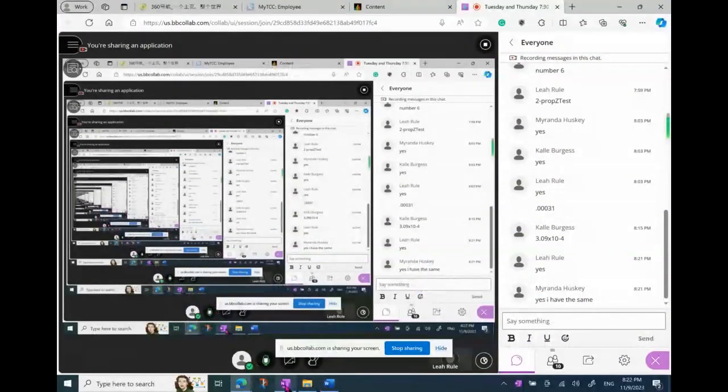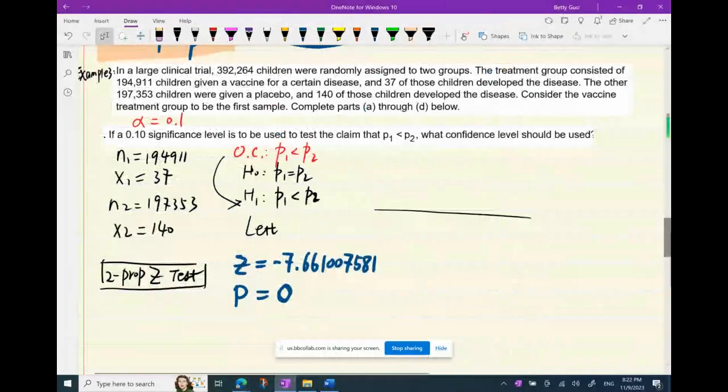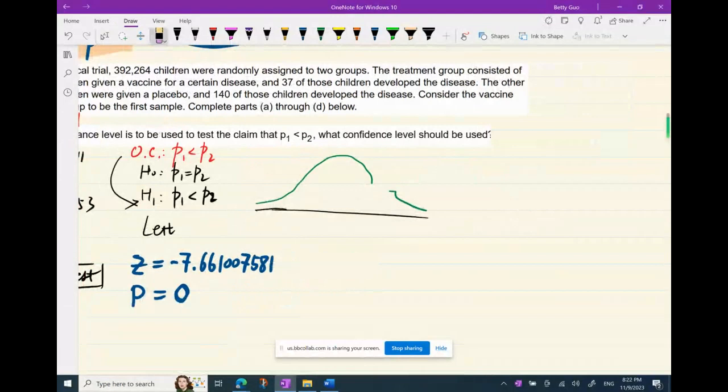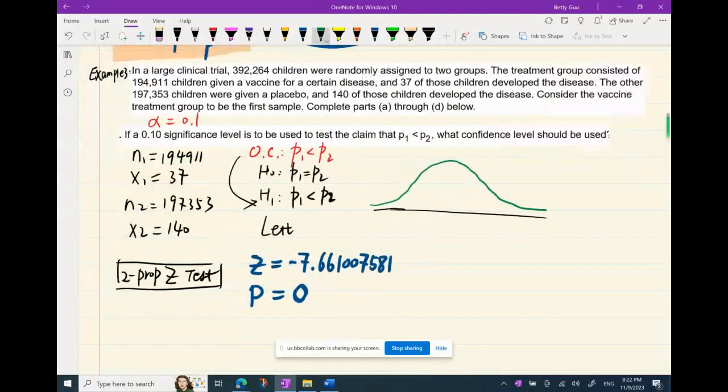I want to do more. I want to use the critical region method to test this claim. I know if we use the p-value method, we can just quickly get it done, right? But let's practice a little more, using different methods. So this is a left tail test. Our significance region is in the left tail. So this is alpha.